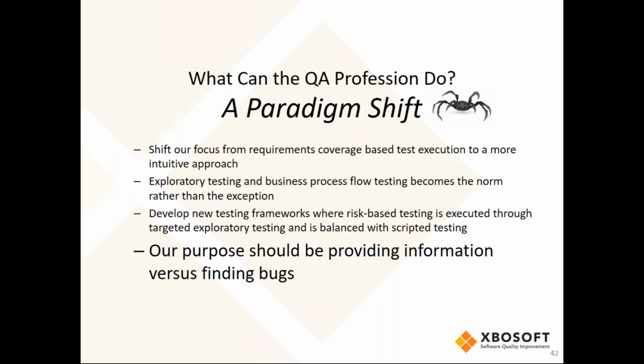Even in continuous delivery, there's still room for some manual testing. And we need to develop our test frameworks where the risk-based testing is executed through targeted exploratory testing and is balanced with the scripted testing. And overall, our purpose should be about providing information as well as finding bugs.